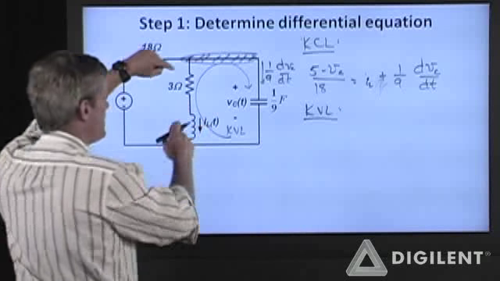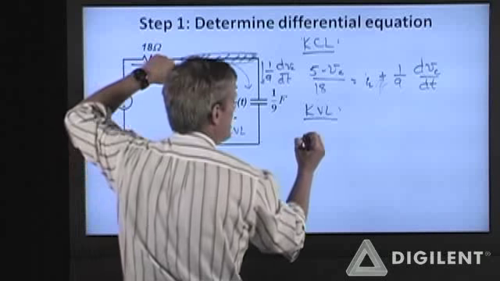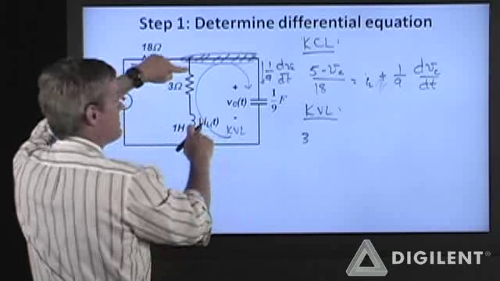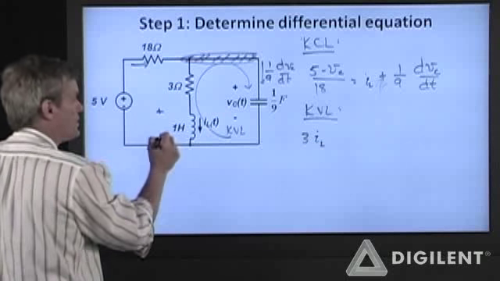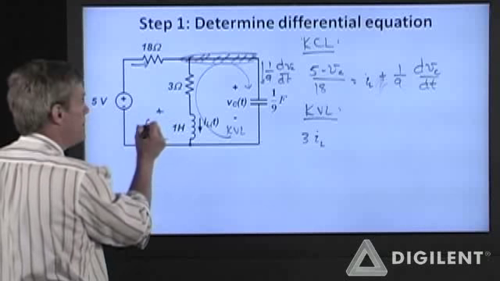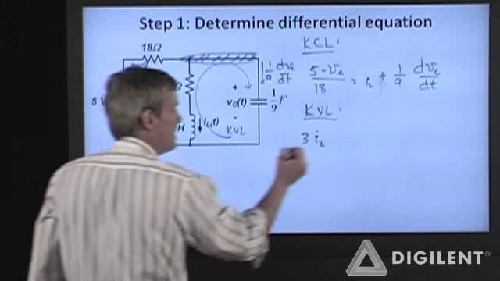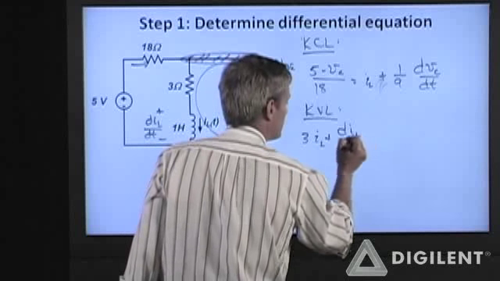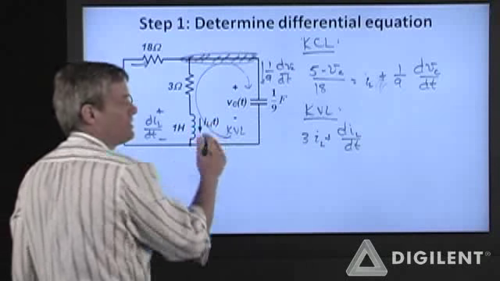KVL tells me that this voltage plus this voltage, which is 3 ohms times I sub L, plus the voltage here, which is L dIL dt. L is 1, so this voltage is just dIL by dt, is equal to the voltage across the capacitor, which is just V sub c.